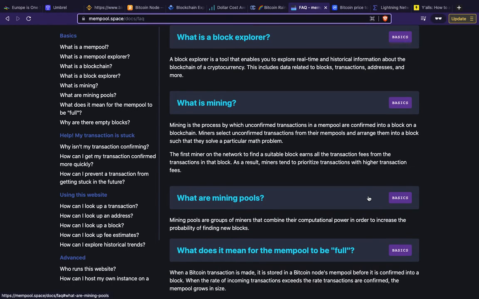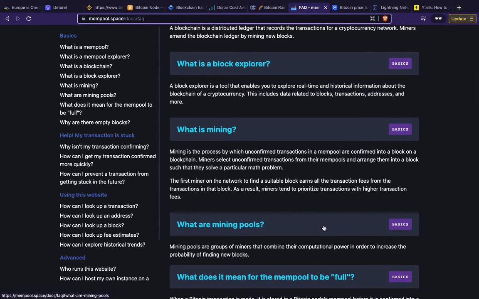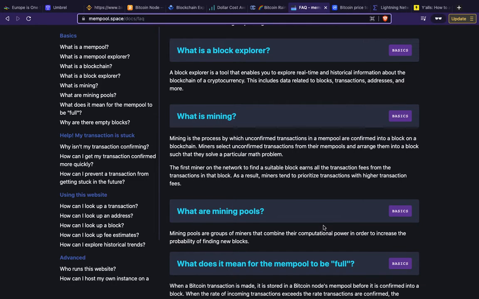What is mining? What are mining pools? Mining pools are groups of miners that combine their computational power in order to increase the probability of finding a new block, which is very confusing because most people think that miners getting together into a mining pool can then co-opt the network.